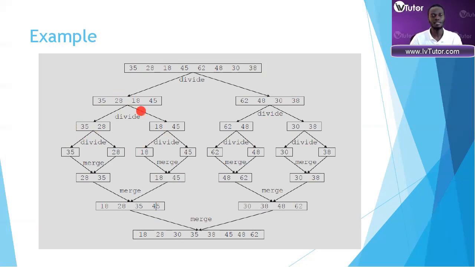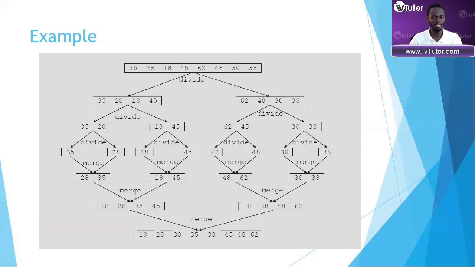You keep on dividing, and once you cannot divide anymore, you start merging, and on merge, that is where you start sorting. You divide until you've got all these singular items, so you divide on both sides in a tree-like fashion, and then once you're done dividing, you start merging them, and as you merge, you sort.